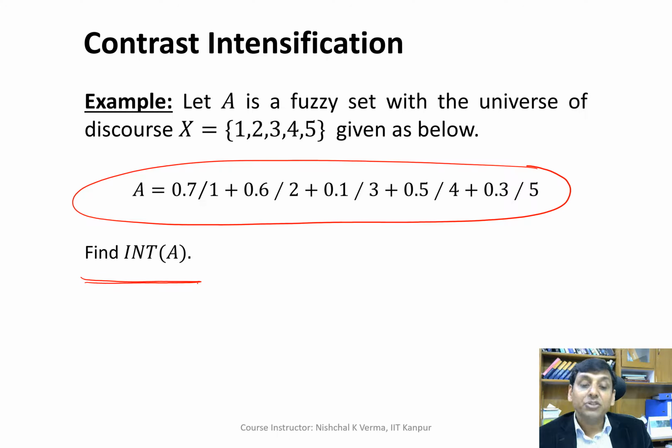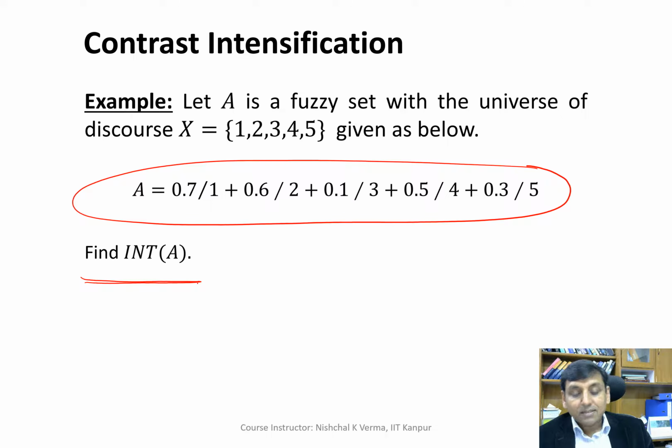As I have already mentioned, we first look for the point where we have to apply the first expression that I mentioned, above 0.5 as the membership value and below 0.5 as the membership value.